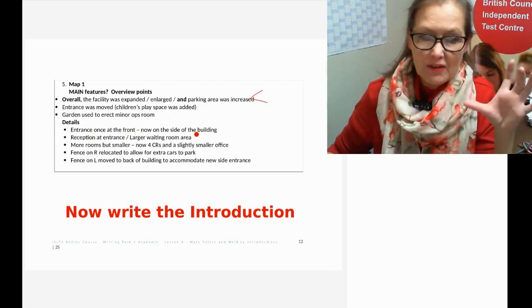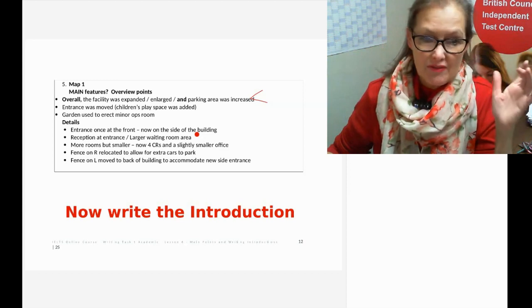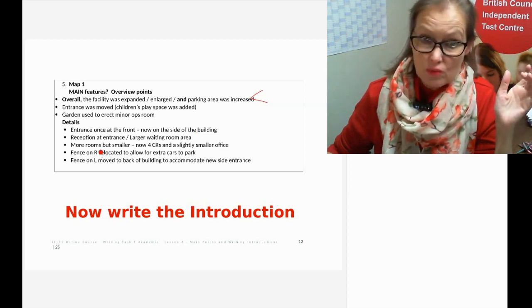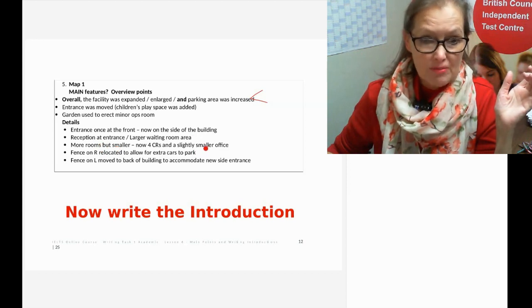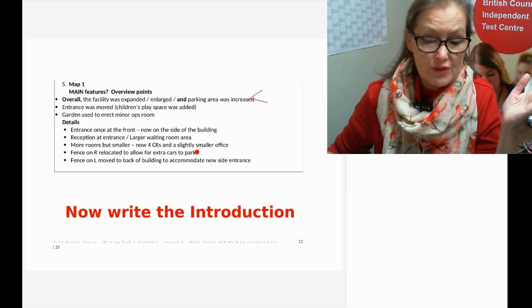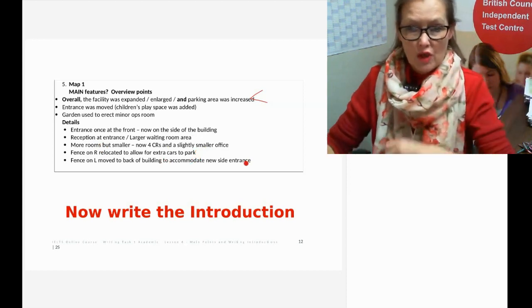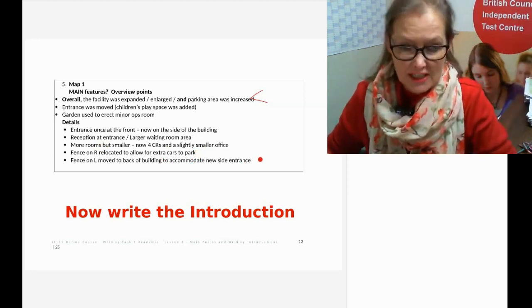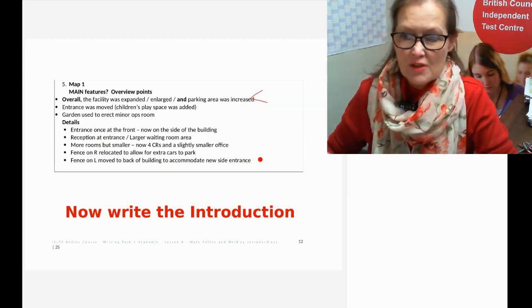And then I spoke about the fences. The fences were relocated or removed to allow for extra cars to park. And the fence on the left was moved to the back of the building to accommodate the new side entrance. So those were the points that I found.